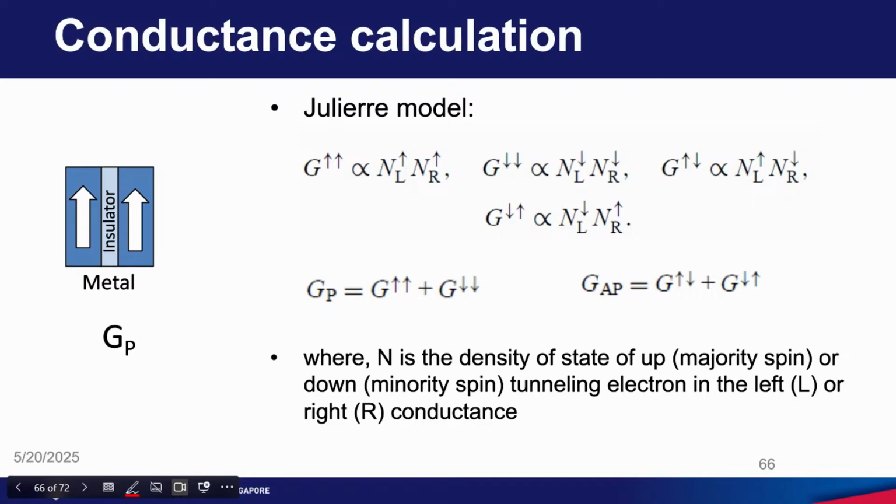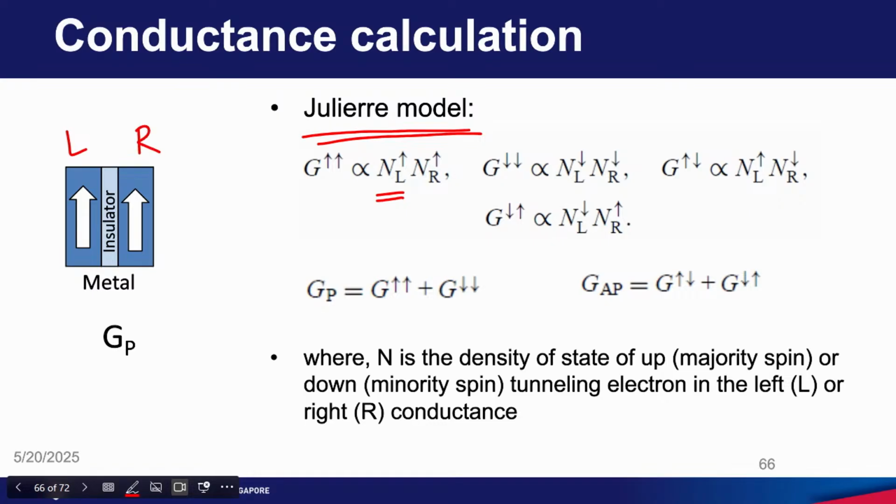So, according to the Julliere model, the tunneling probability, or the conductance as a result of the tunneling probability, depends on the density of states of the left. Here we can use ferromagnetic layer 1 or ferromagnetic layer 2, or we can use ferromagnetic material on the left side and ferromagnetic material on the right side.